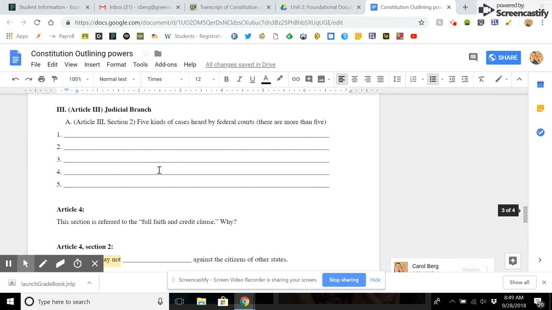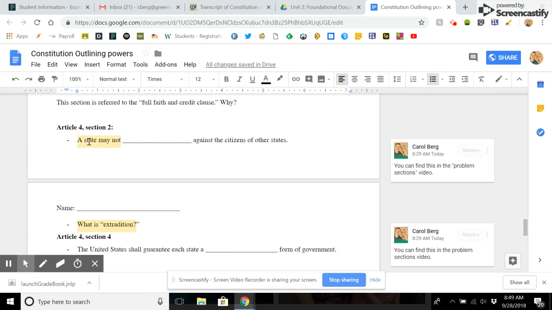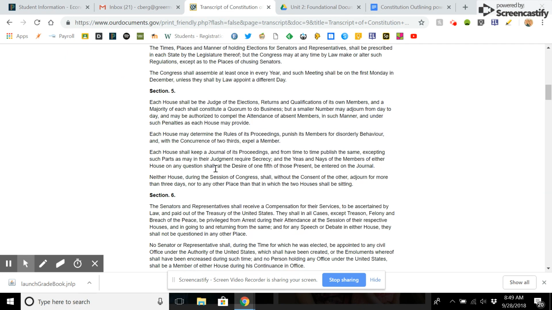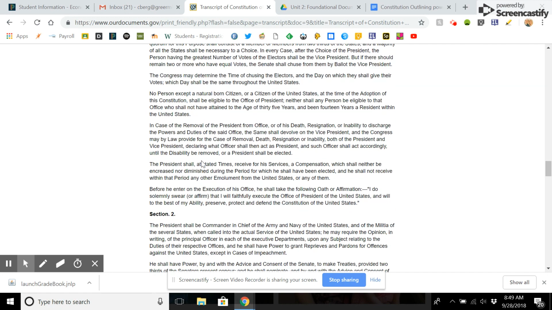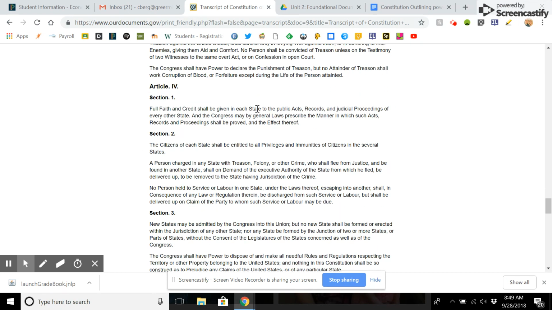This is not a problem section. Let's go down here. Okay, a state may not. Article 4, Section 2. So let's select right here, Article 4. This is Article 1. Here's Article 2. Article 4, Section 1, right here. The citizens of each state shall be entitled to all privileges and immunities of citizens in the several states.